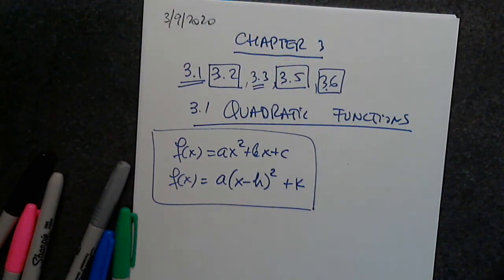Can anyone tell us the difference between these two forms? The second form, I think we have to determine the x minus h squared. So in the second one, you say that we are determining something? Yeah. It's the same thing. Yeah, it is the same thing, but what is the difference?